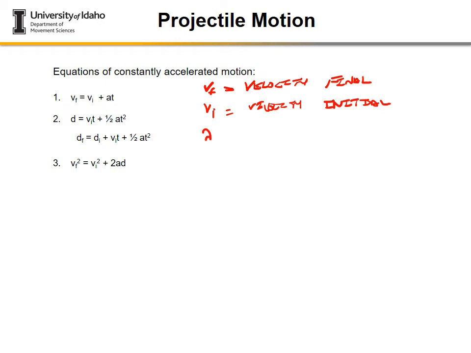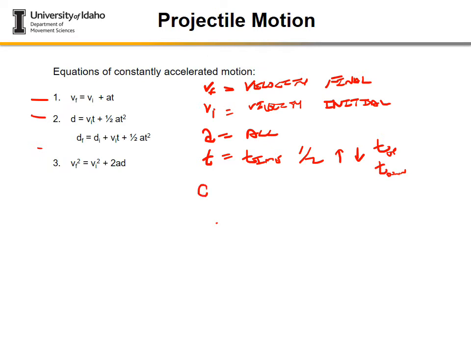The a stands for acceleration. The t, now there are two different t's that you'll see. The small t is the time of half of the parabola, so we call it time up or time down. You'll often see this as small t up or small t down, and you'll understand that in a second. There's also going to be a big T, which is not used in the vertical, and that is total time, how long it's in projectile motion.